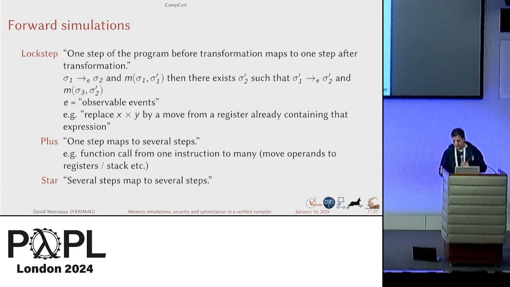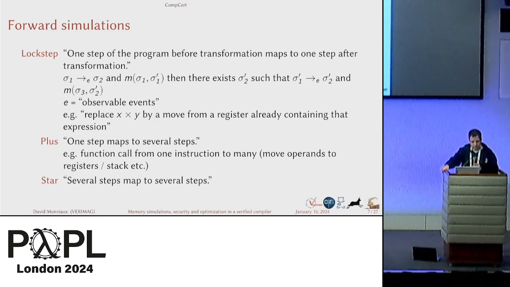In the simplest case, your simulation proof is lockstep, meaning that you have one step in the program before the transformation, and this one step is matched by one step of the program after the transformation. So this happens, for instance, in phases where you just, for instance, some kind of common subexpression elimination, you recognize that you already have a value that you would like to compute, and instead of computing it, you just copy the register. So that would be lockstep.